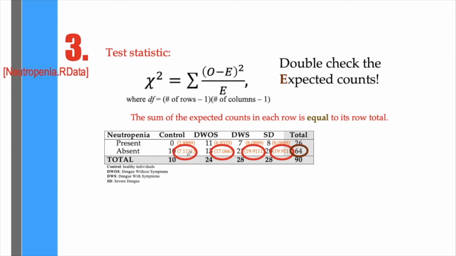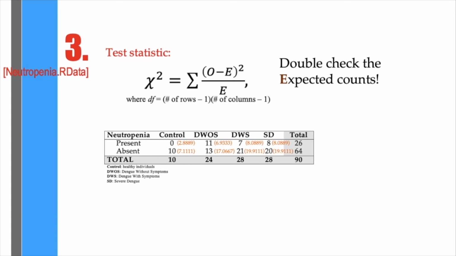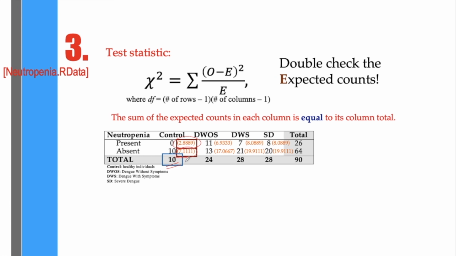So if we're going to add 7.1, 17.0667, 19.911 here, we're going to have 64. And not only that, if we're going to add the expected counts across each column, meaning if we're going to add these two values, we're still going to have 10. And similarly, if we're going to add 6.933 and 17.0667, we're going to have 24. And similarly for these two columns here.